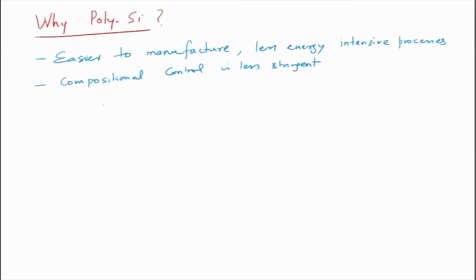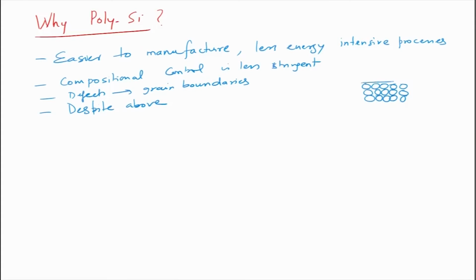However, despite the above, of course, they have defects such as grain boundaries. Okay. So, you will have this atomic arrangement like this in one grain. So, this is one grain, in the next grain you will have atomic arrangement like this.